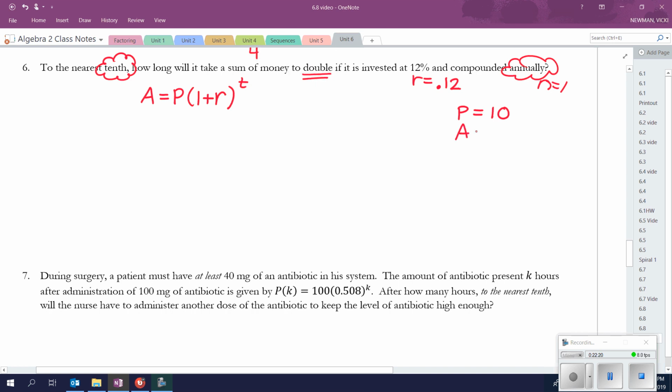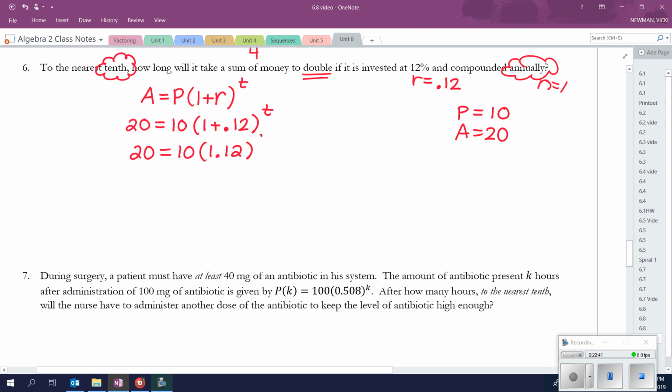So that means A is 20. So use numbers that make sense and that are easy to work with. So A is 20, P is 10, 1 plus 0.12 raised to the t. Yes, I know what that is.